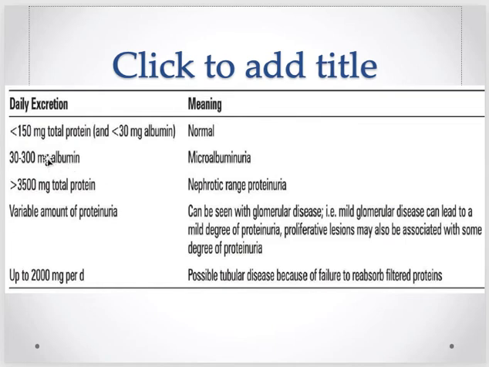When the level of albumin is less than 300 but more than 30, we call it microalbuminuria, which happens in diabetic nephropathy. When the level of total protein exceeds 3.5 grams, or you can say 3500 milligrams per day, we call this nephrotic range proteinuria.